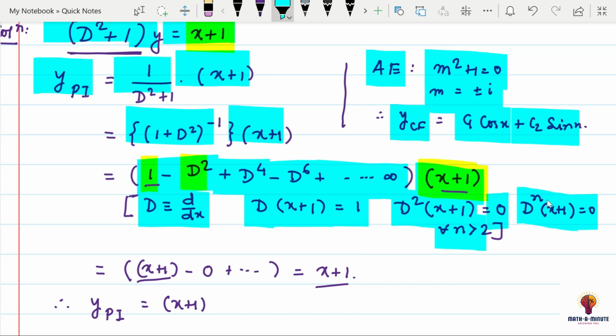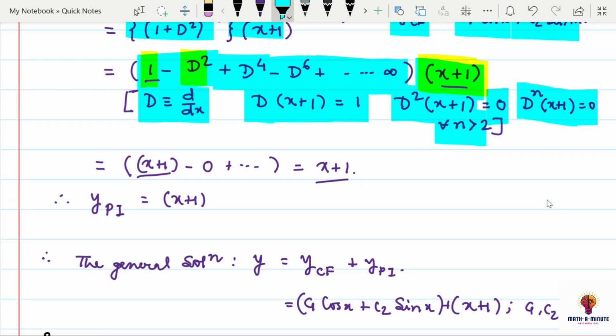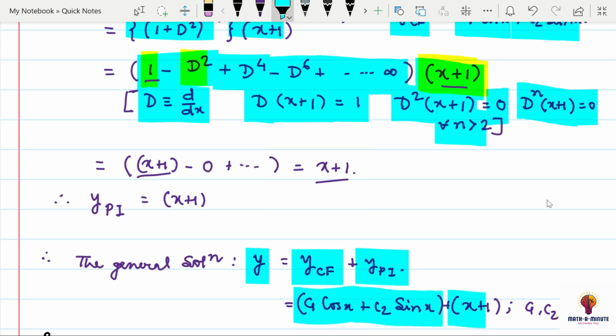For this problem, our general solution will be y equals YCF plus YPI. So YCF is C1 cos x plus C2 sin x, and YPI is x plus 1. And you have to mention that C1, C2 are arbitrary constants.